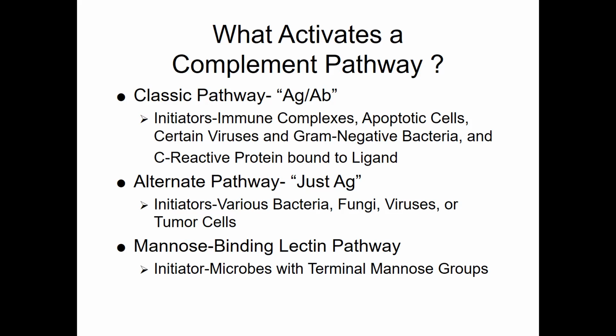So the second pathway is the alternative pathway, and antigens activate that pathway. So that would be your bacteria, your fungi, your viruses, or your tumor cells. Okay. And then the third pathway is the mannose binding lectin pathway.